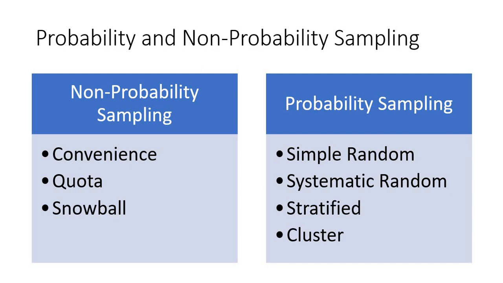In contrast, in simple random sampling, systematic random sampling, stratified sampling, and cluster sampling, every member has some probability of being selected, which can also be calculated. So all of these approaches can be classified into two groups, non-probability and probability sampling.